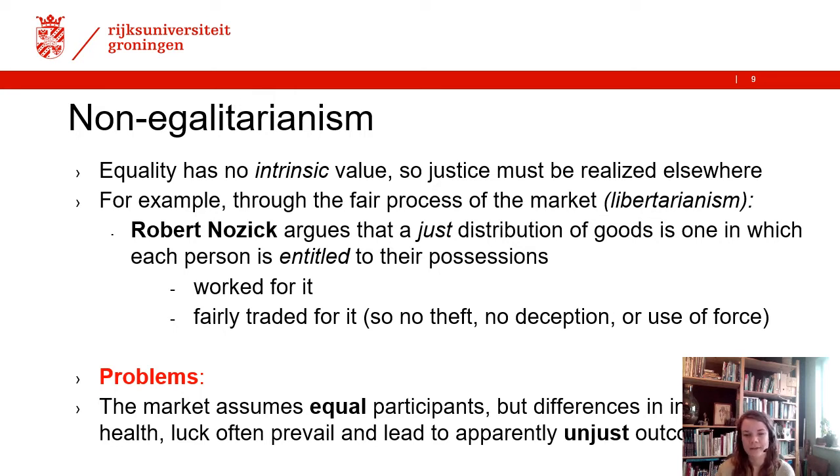These often prevail, and well, from this non-egalitarian perspective, this of course will lead to an unjust outcome, right? Outcomes are distributed unfairly on a global level, and it's not true that we're all equal participants in this market, in this process of the market that Robert Nozick is such a strong proponent for.